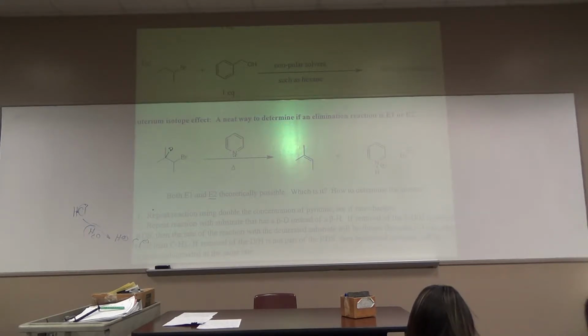Will making that a D have any effect at all? No. Because the rate determining step does not involve breaking that bond. It will make breaking that bond slower, but you're slowing a fast step. And it's like, who cares? Changing the fast step doesn't affect the overall rate.